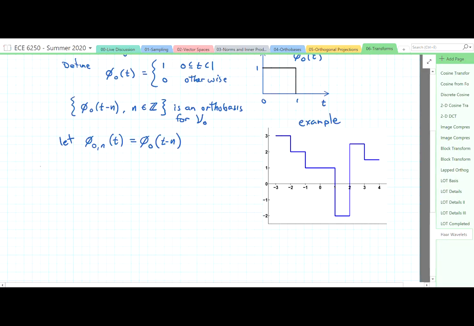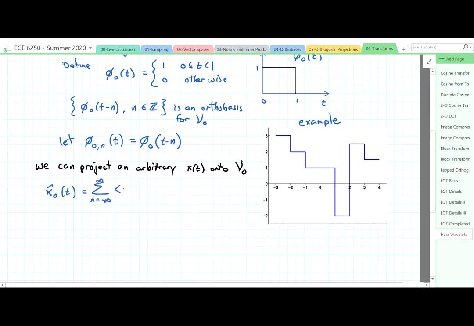So we can project an arbitrary x of t onto V0 as simply x hat 0 of t is equal to the infinite sum.